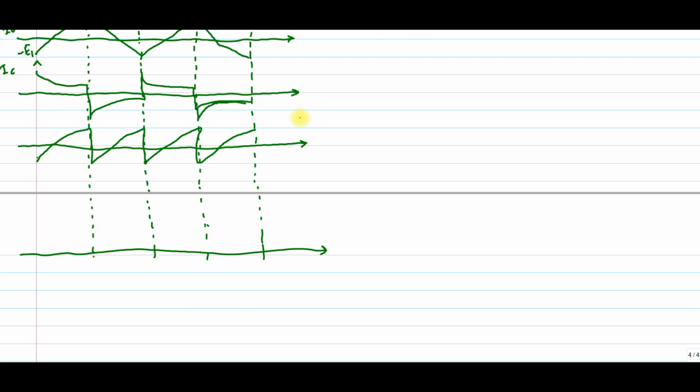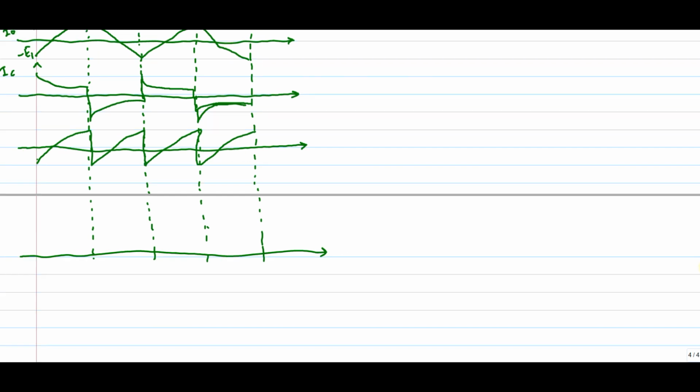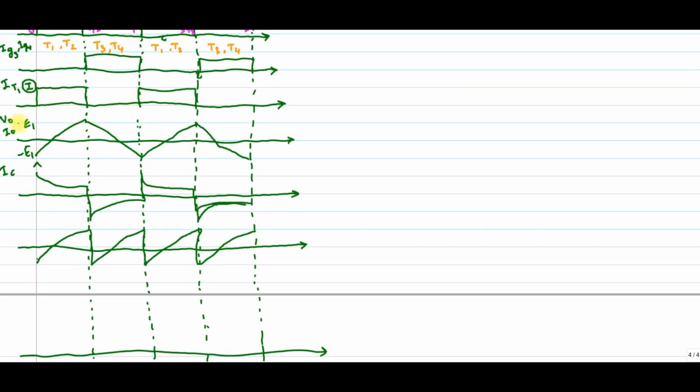For the thyristor voltage, as current is passing through the thyristor from 0 to T by 2, the voltage will be 0. After that the voltage will be equal to the source voltage. So what is the source voltage? This part is the source voltage, whatever we have written.